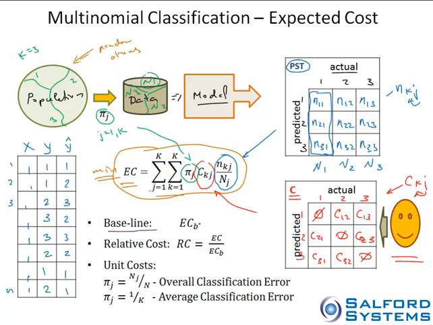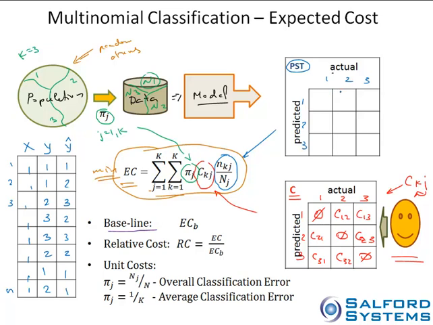Now, in order to understand the baseline in the multinomial sense, we need to understand the following. In the worst case scenario when you have no model at all, you could consider trivial models that assign all records to a specific class. Let me do a little bit of a cleanup here and elaborate on this. Suppose my baseline model is the model that predicts everyone as class 1.